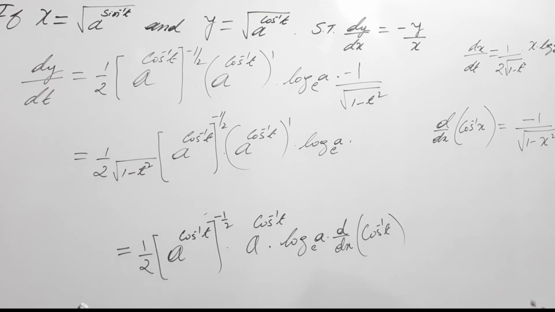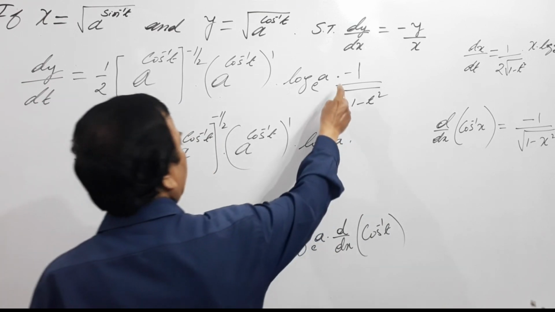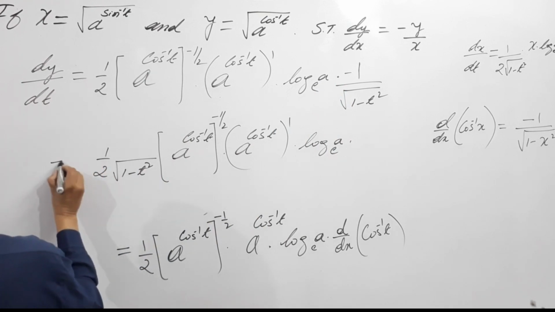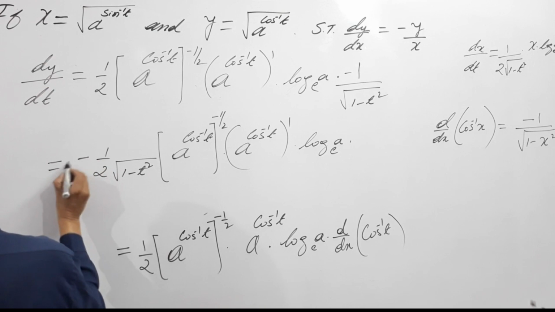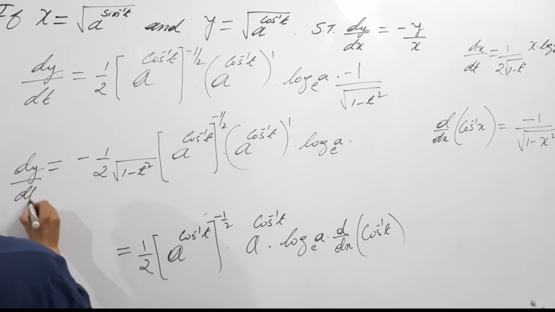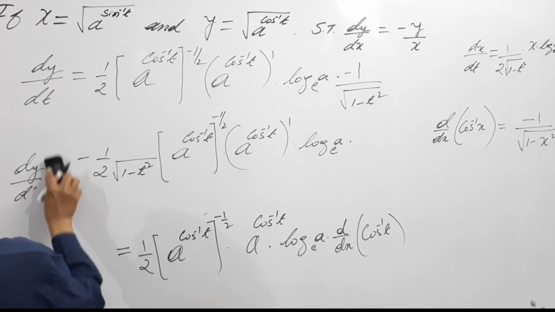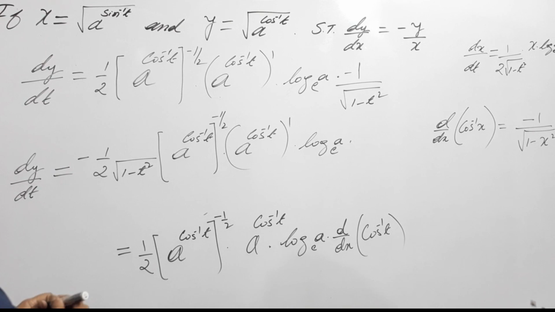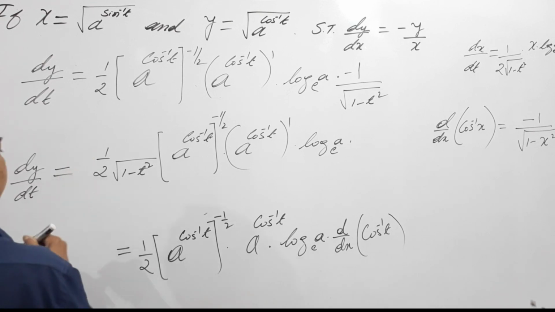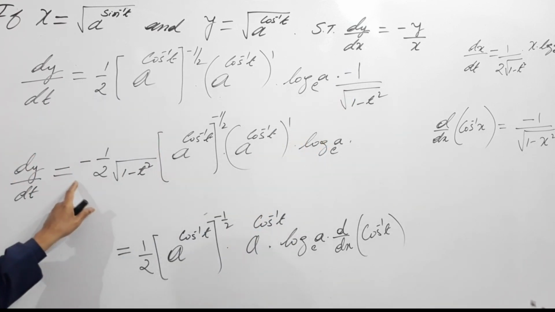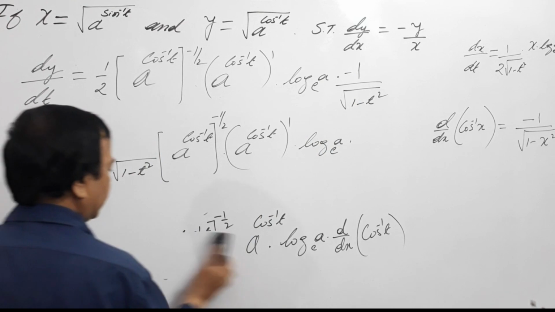Dear students, follow this. So we have a minus value, you take that minus value here, equals to minus, what is this, dy by dt. So this minus value we have, I have taken this minus sign here.